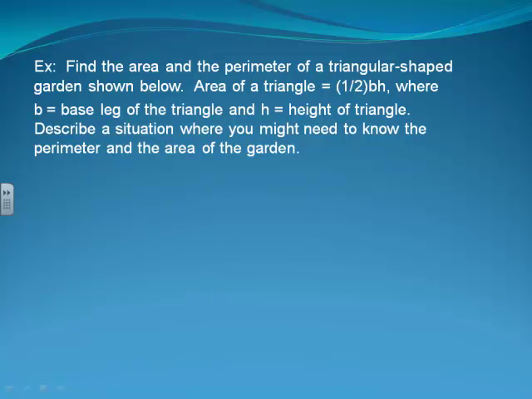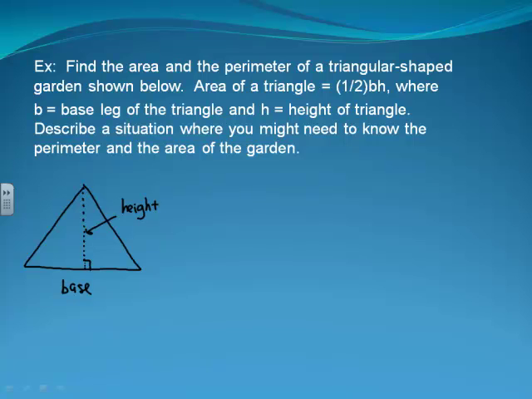So this is the garden that we're going to talk about. It is a triangular shape. Assume that the lowest side, if this was sitting on flat ground, represents your base. From the base, perpendicular to the tip of the triangle, so this is a 90-degree angle, this is the height of your triangle, up to the tip of your triangle.